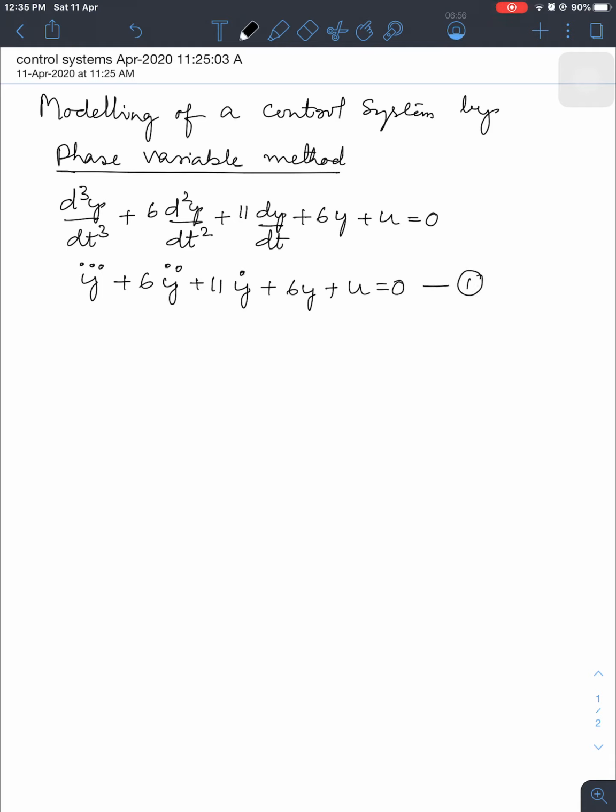In this equation 1, u indicates the input and y indicates the output. So in order to model a system which is described by a third order differential equation, you would require 3 state variables.